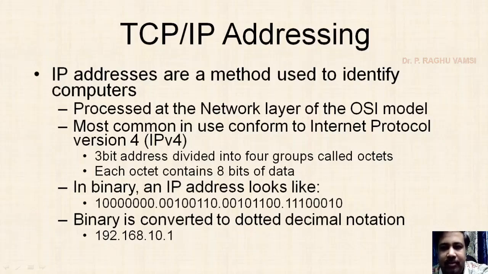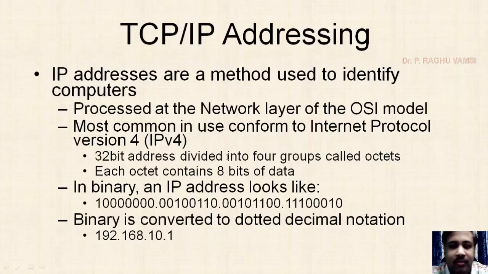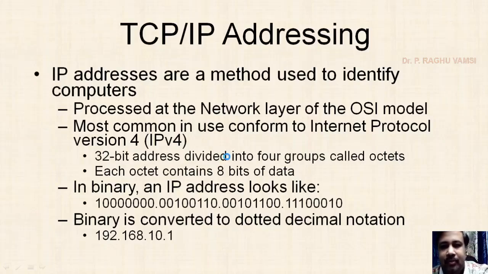Actually, the IPv4 addressing is a 32-bit address. So this 32-bit address is divided into 4 octets. Each octet consisting of 8 bits. So octet in the sense 8 bits of data.